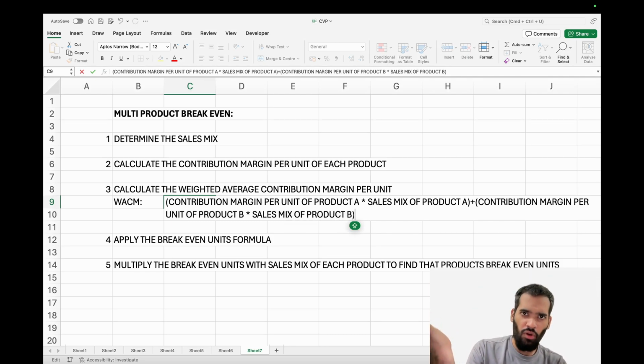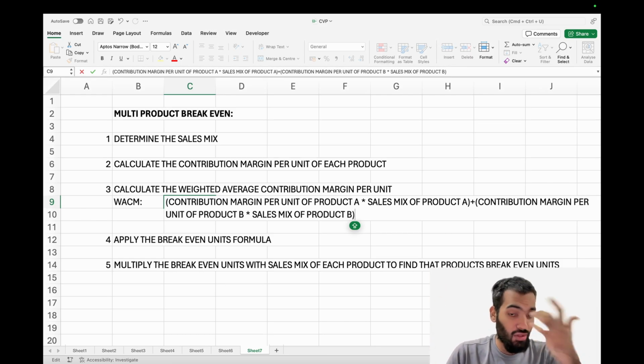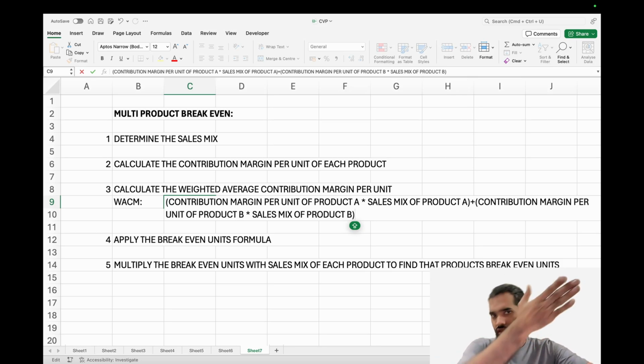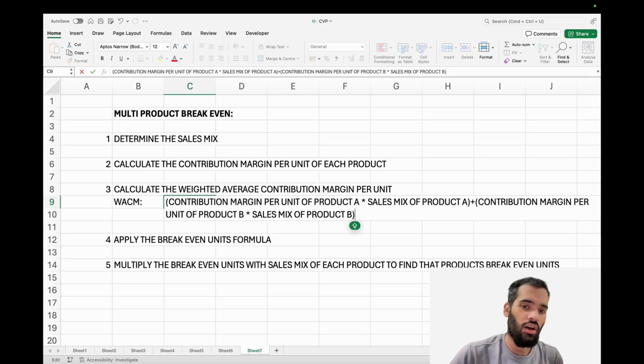If it's a C product, you also do contribution margin of product C times sales mix of product C, and D. You just keep going. If you're a student, you'll get 2-3 products, but if you're doing it for real life, you might have like 7 products. So you can just keep applying the same formula to the end.